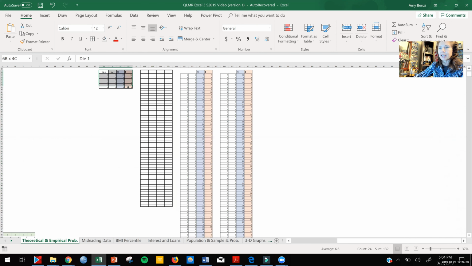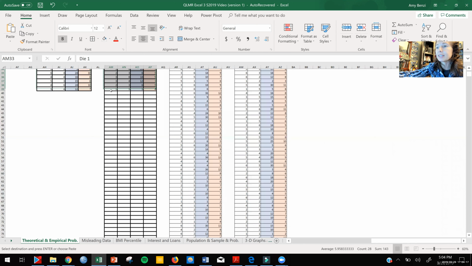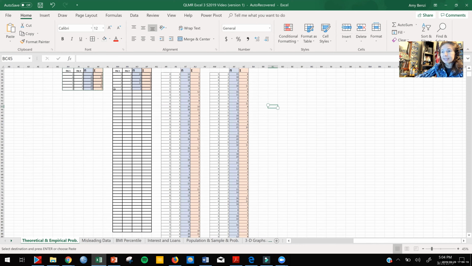I'm going to select my little chart I just made, my 6 rows, and Control Copy, Control C, and then come over here and Control V. All right, now I have done that. So what I'll do now is select my bottom row here of the column I just pasted, and then grab that little right-hand corner of the last column, the bottom right-hand corner, and just drag it down.